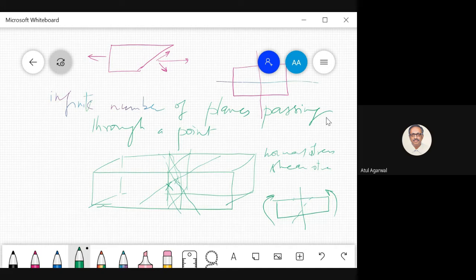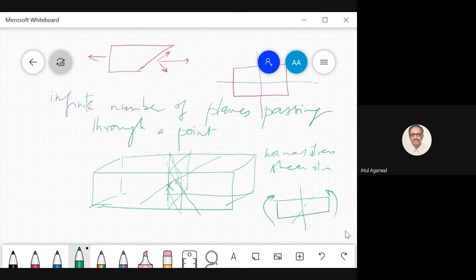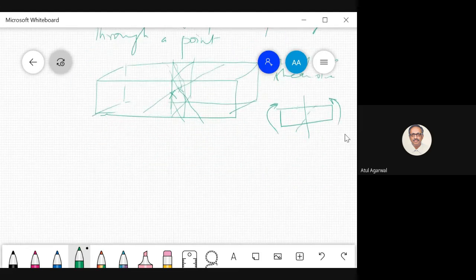But you see, there are infinite number of planes. You can't be finding on all of them. It becomes a problem. So what is done is you find stresses on 3 orthogonal planes. So that is the way we define stress tensor.